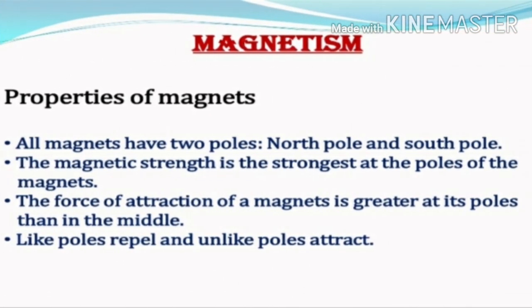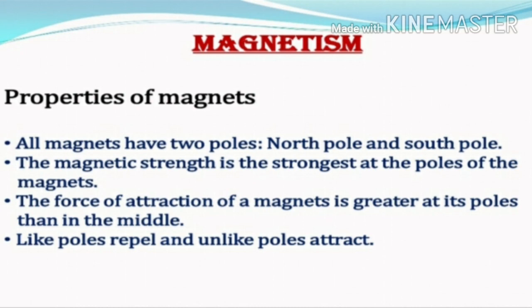Properties of magnets. Magnets have the following properties. First, all magnets have two types of poles: north seeking poles or north poles, and south seeking poles or south poles. Second, the magnetic strength is the strongest at the poles of the magnet.